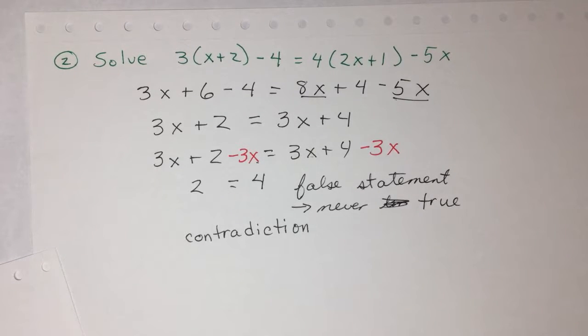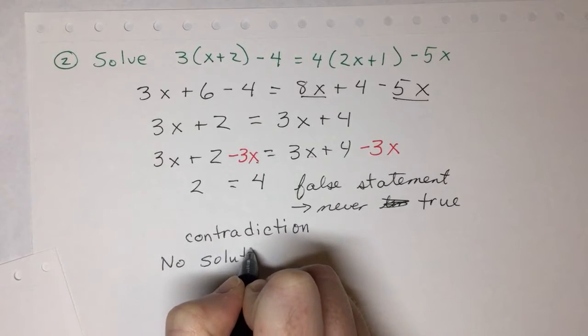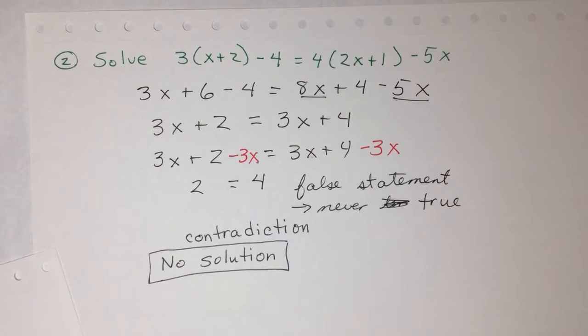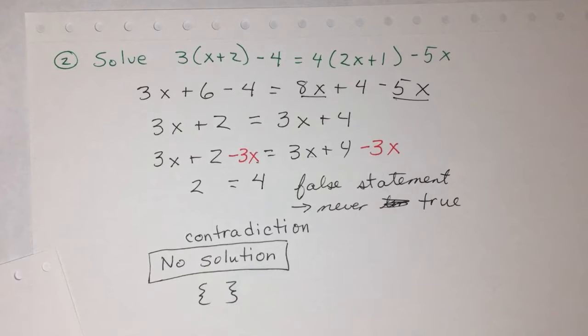It is never true that 2 equals 4. Be sure you're answering what the question asks for. The question asks, what numbers work? Well, no numbers work. So we say this equation has no solution. Another way we could write that, if we were using set notation, is everything listed within those sets.